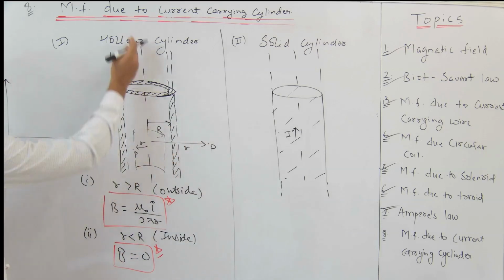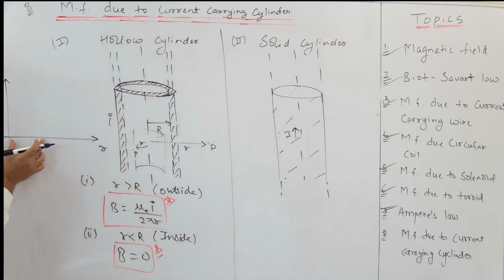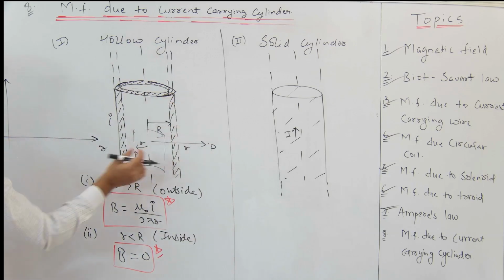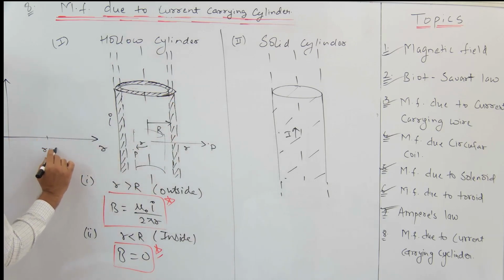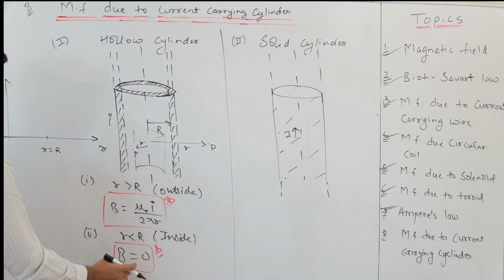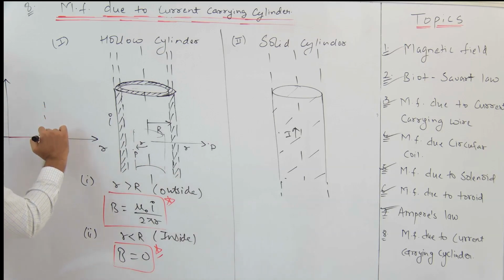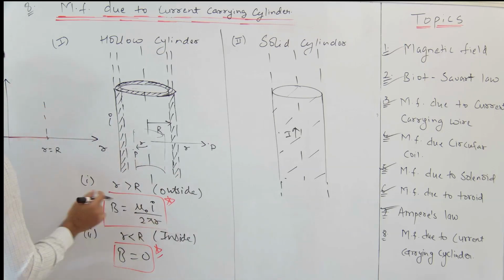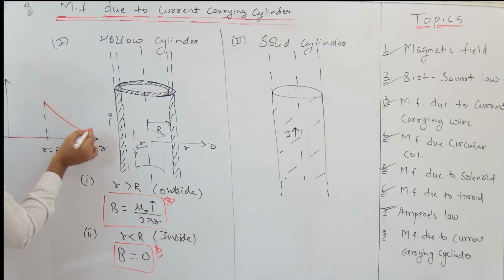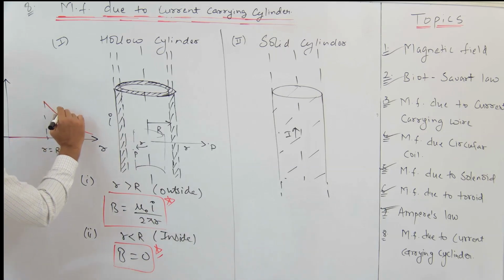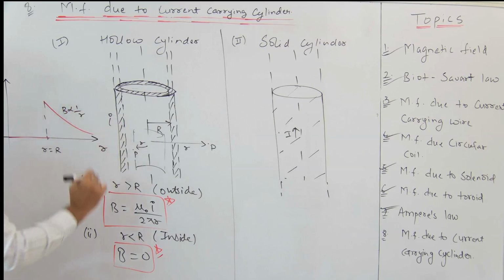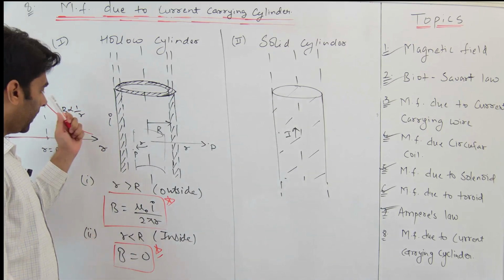Till capital R distance, for inside points the magnetic field is 0, so it will be coming over here. After this, for outside points, B is inversely proportional to r, so the graph will be something like this. Keep the results and the graph in mind.